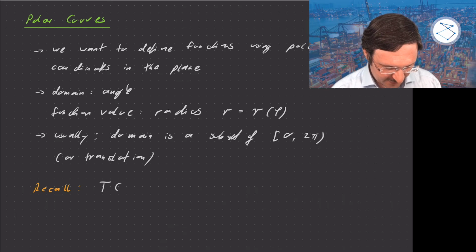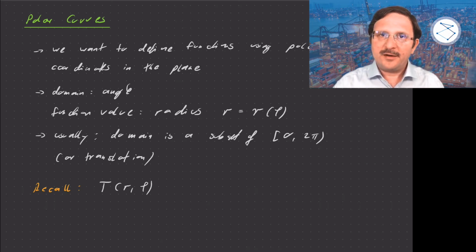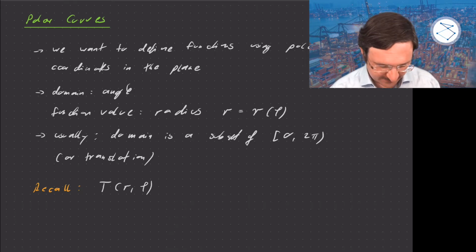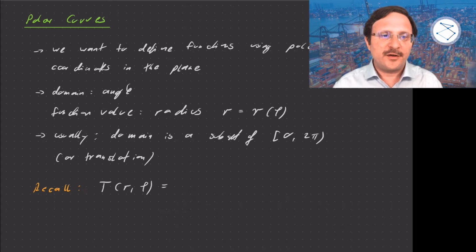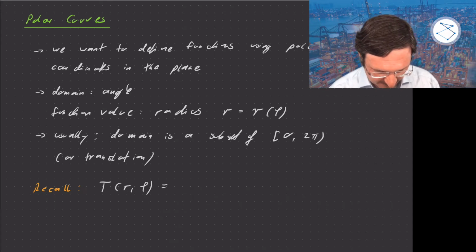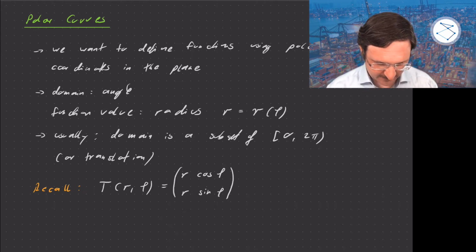So given the inputs r and phi that define a point in polar coordinates, the transformation computes the corresponding Cartesian coordinates, and those are given as r times the cosine of phi and r times the sine of phi.